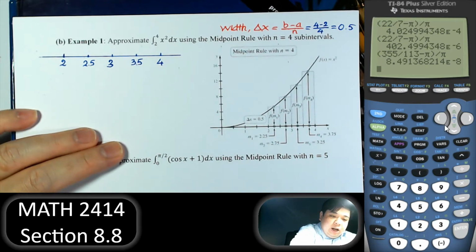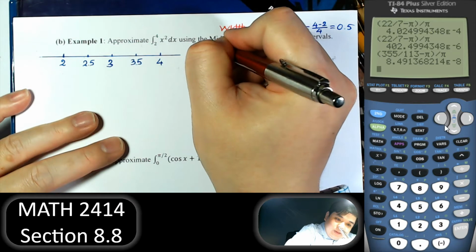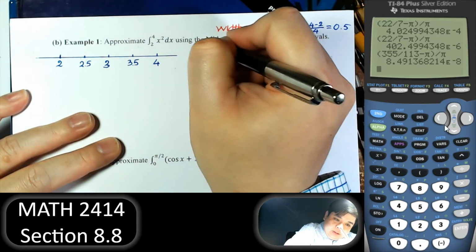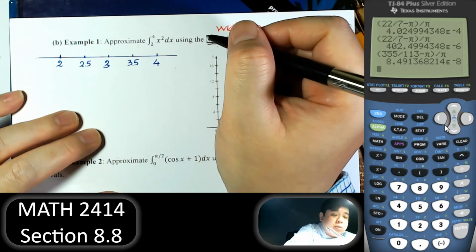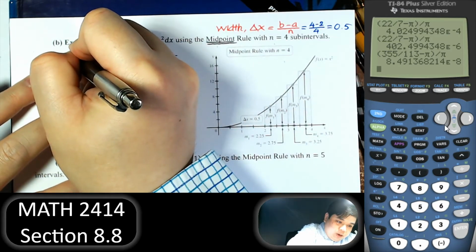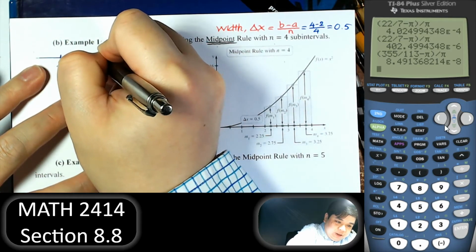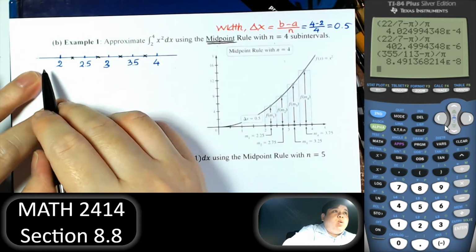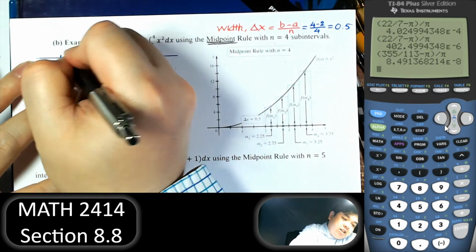Next, this is the midpoint rule, so we're going to use the midpoints. The midpoint of 2 and 2.5, that's easy, 2.25.